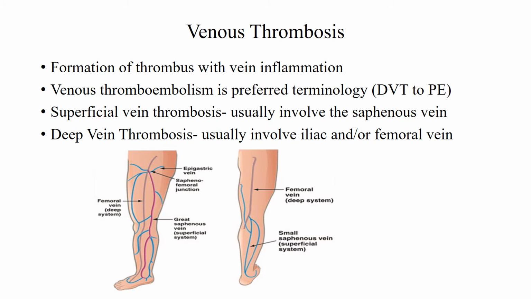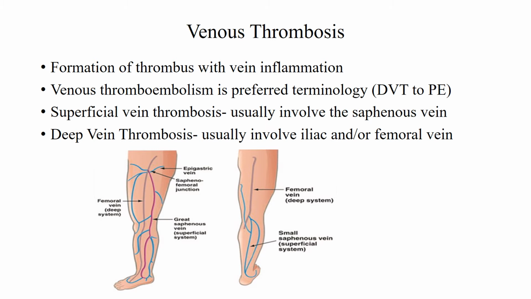So the terminology venous thromboembolism includes the blood clot in the deep veins, which is deep vein thrombosis, to pulmonary embolism, where that blood clot dislodges and travels to the lungs.